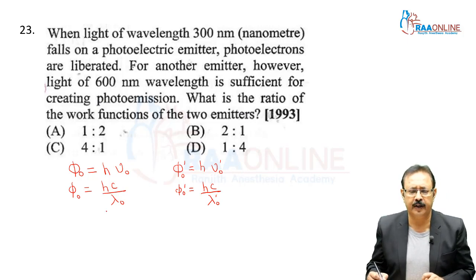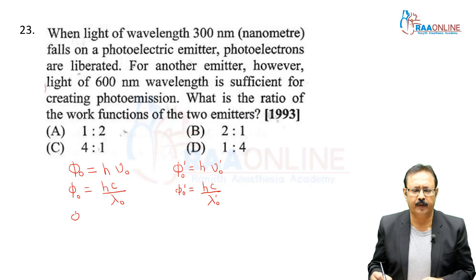We want the ratio of work functions, phi naught by phi naught dash, which means hc by lambda naught divided by this, and we cancel this with this.